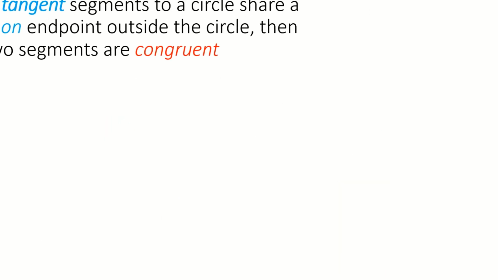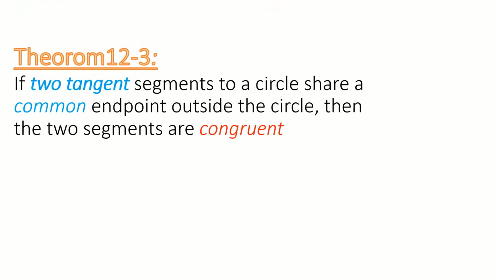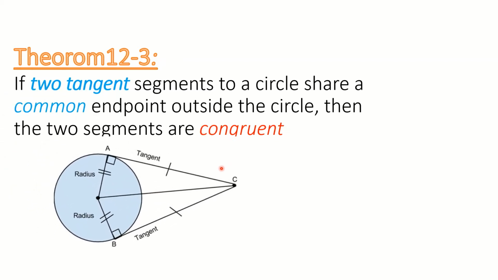Theorem 12.3 says that if two tangent segments to a circle share a common endpoint outside the circle, then the two segments are congruent to each other. Look at this figure.